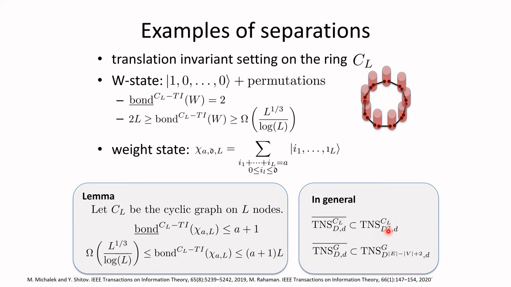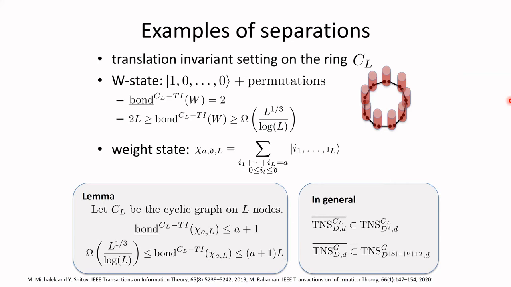What we can do is cut the circle open and rewrite the last maximally entangled state through the entire chain. And for more general graphs, we get an inclusion where the bond dimension scales as D to the number of edges minus the number of vertices plus 2. So also there, for a given graph, we can get an idea what kind of separations are possible at the end of the day.